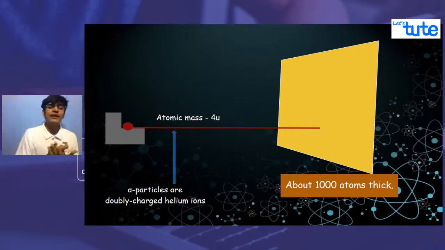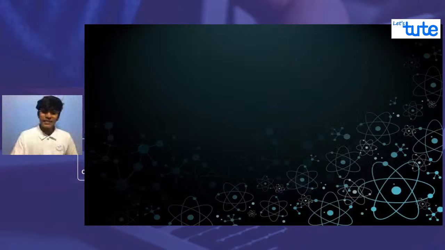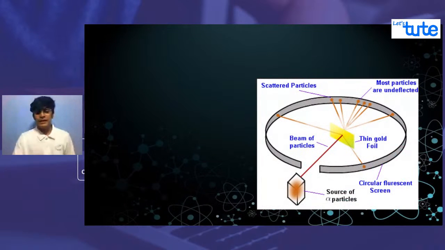He took these alpha particles and made them fall on the gold foil. Let's try to understand what the whole experiment was about.